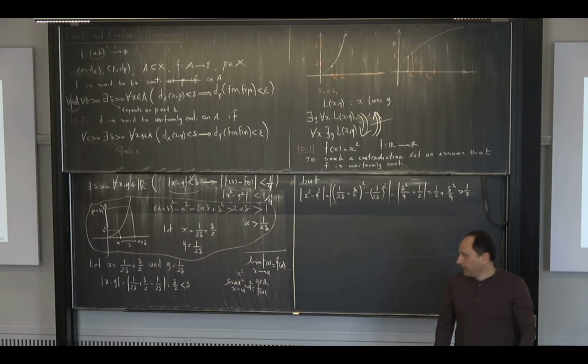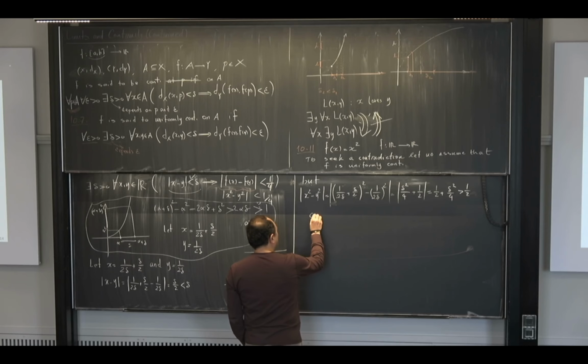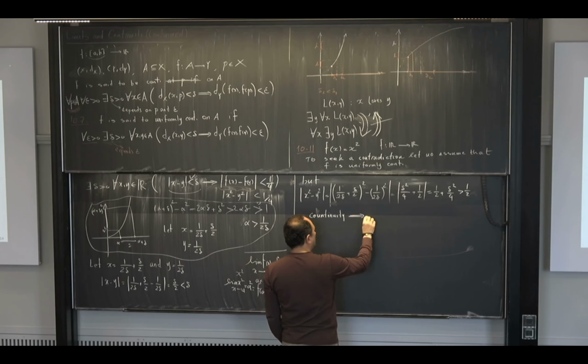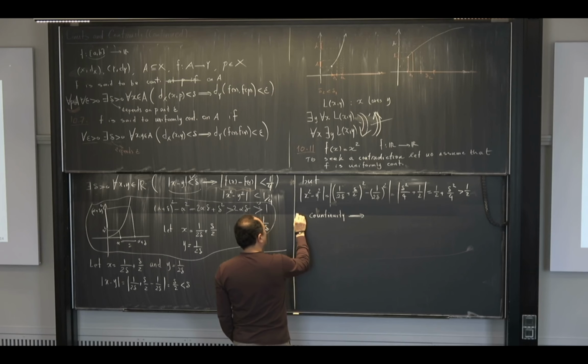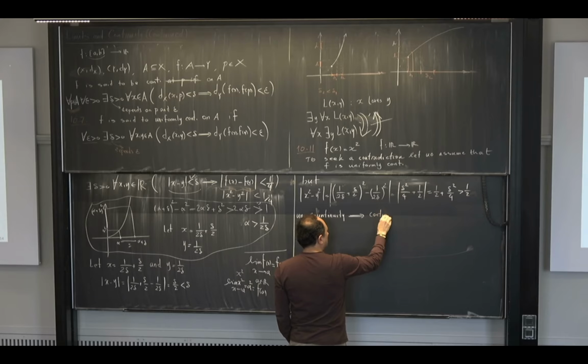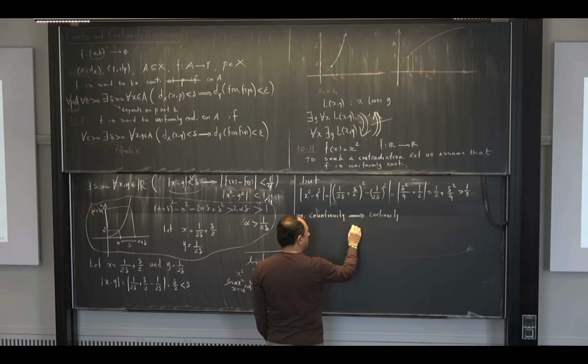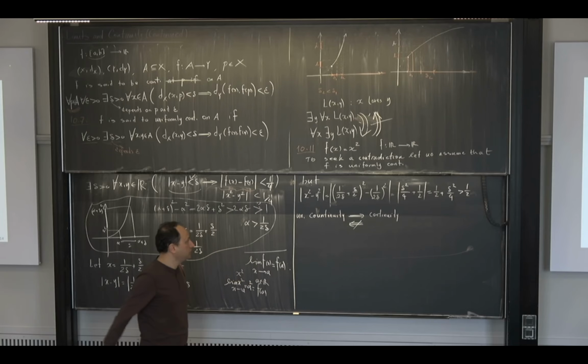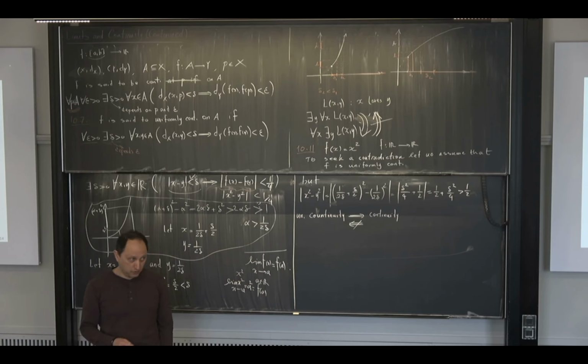And on the other hand, we learned that uniform continuity implies continuity. Yes. In this example, we learned that the other way around is not true, because we had a continuous function which was not uniformly continuous.